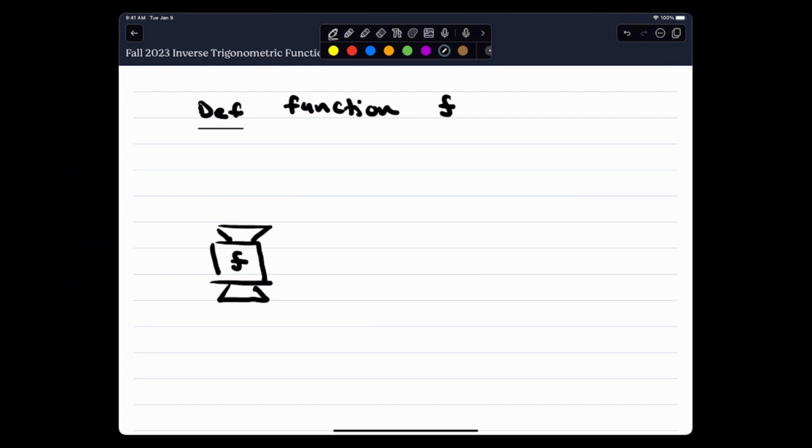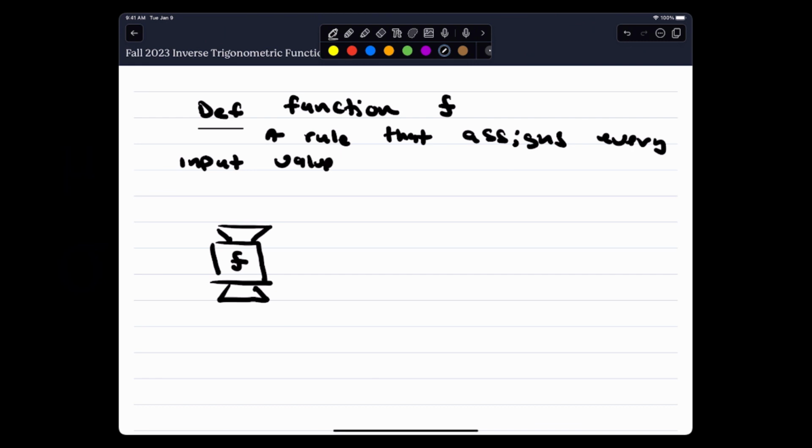But I guess I could write the definition. That's a rule that assigns every input value x to an output value y.